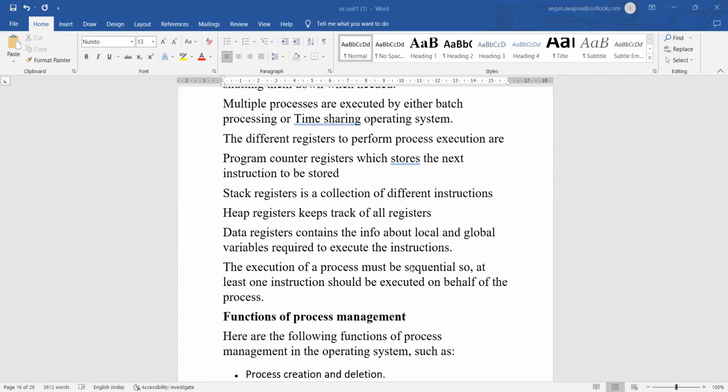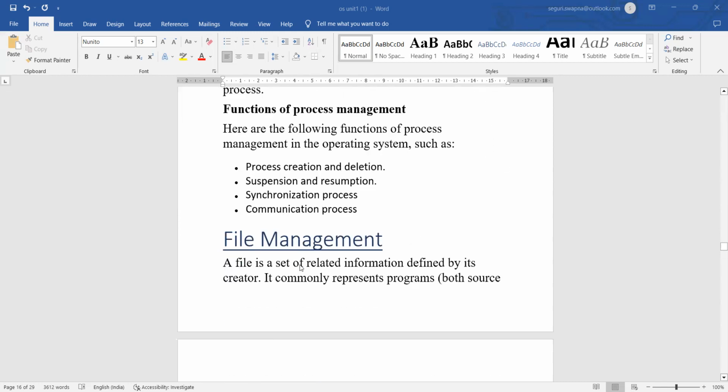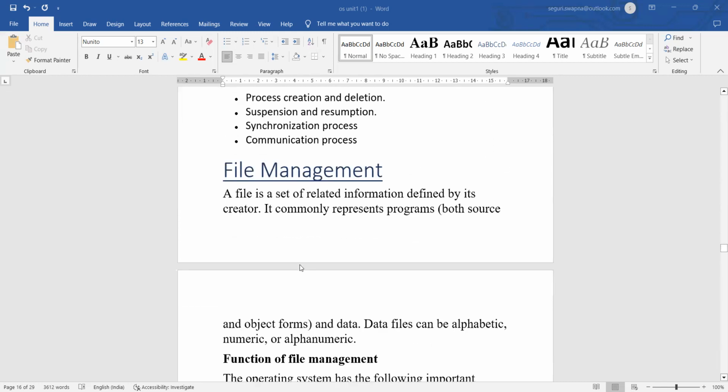So this is how process management is a component in the operating system responsible to execute the process in the system. Next is the file management.